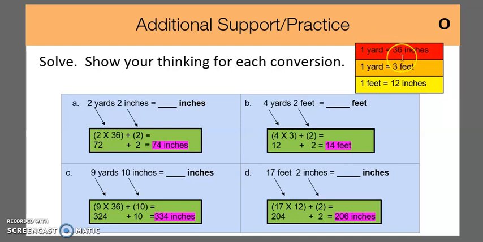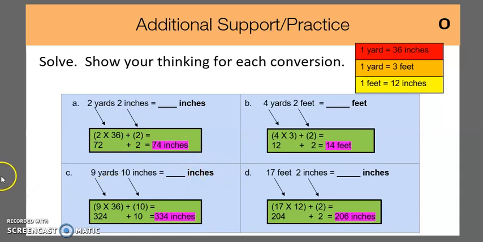The key number here is 36. So we can do 2 times 36 gives us 72, and because we have 2 inches here, we can just bring that down. It's already in inches. And here we can add 72 plus 2 gives us 74. We could do the same thing for each of these problems, and just be careful with the units and what you're converting into.